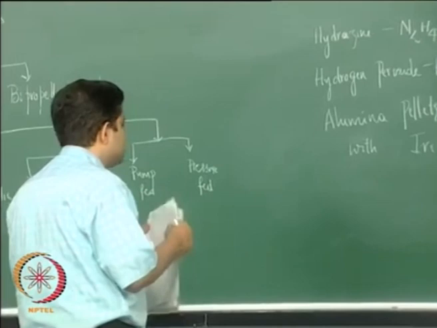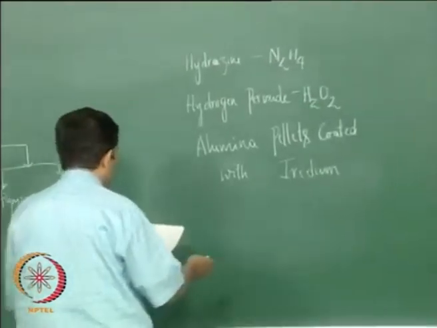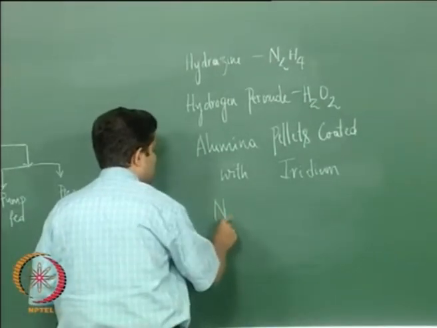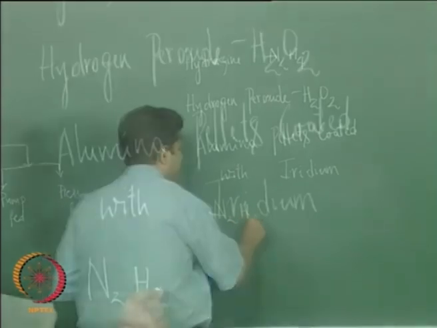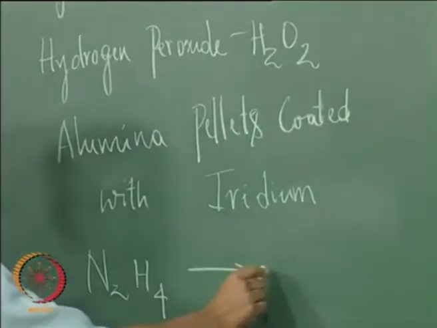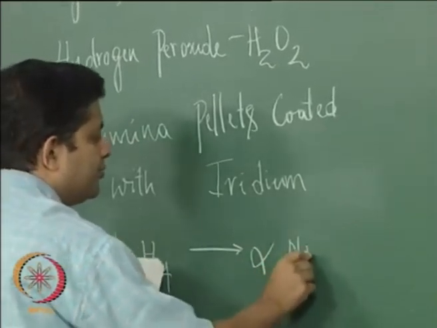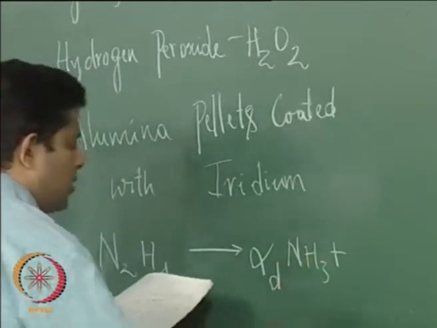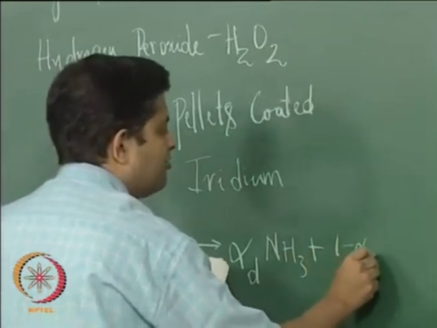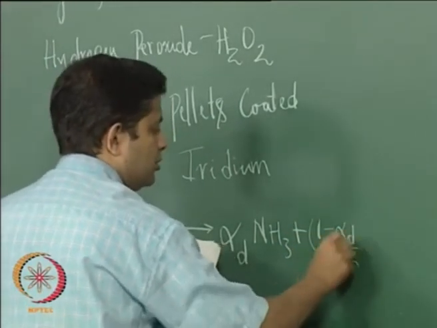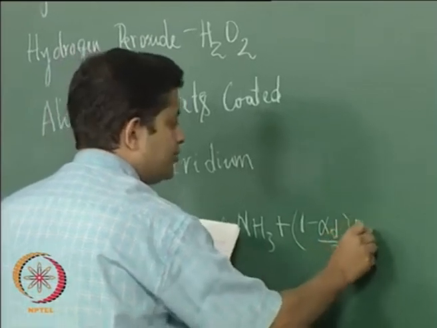If you look at hydrazine decomposition, that is N2H4, it can decompose into alpha D NH3 plus (1 minus alpha D) by 2 N2.